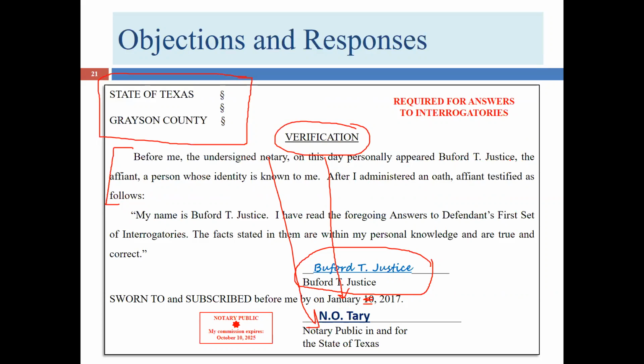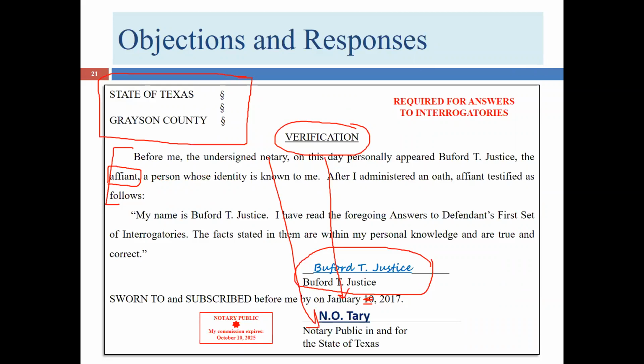Personally appeared Buford T. Justice. Okay, so this isn't by telephone, this isn't by Skype. This person, Buford T. Justice, is in the same room physically as the notary. He's the affiant, so he's the person who is being sworn in and who is undertaking the pains and penalties of perjury in completing this document.